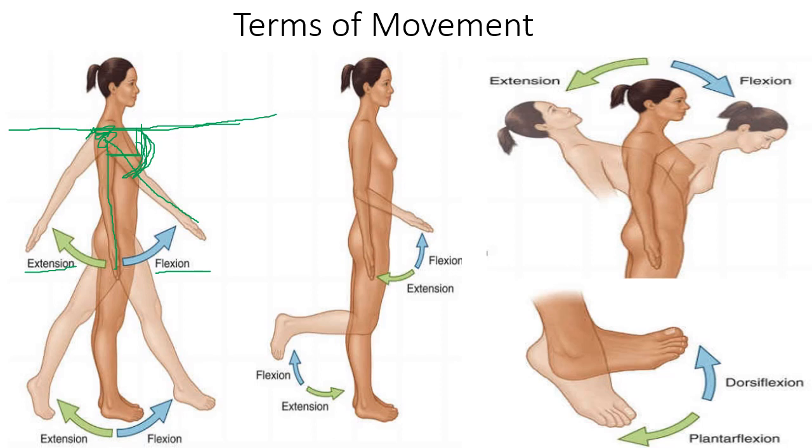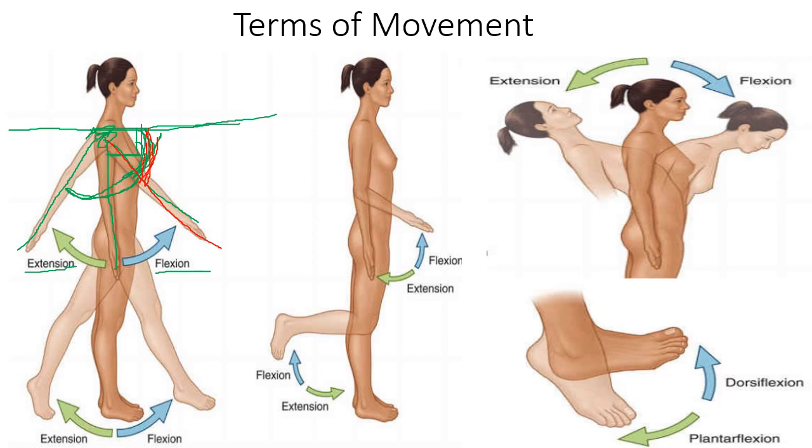Then extension means that you are increasing the angle between two body parts, or between two bones. An example is when you push your hand behind, you find that this angle grows. This is known as extension. But when you bring your hand towards the front, you are reducing the angle, so this is known as flexion.